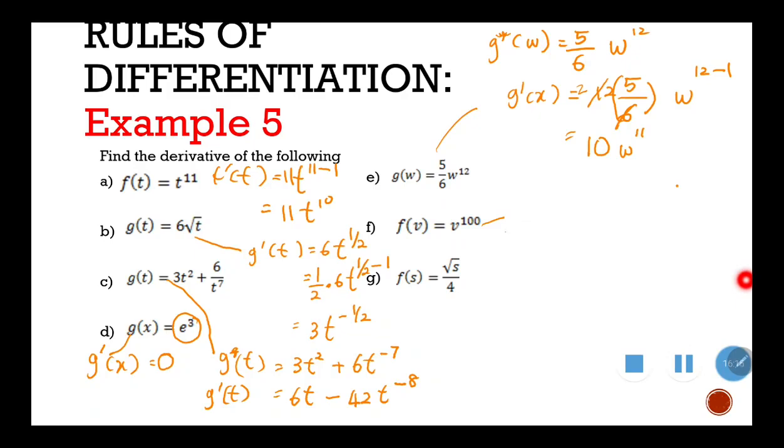So f prime v is 100v to the power of 100 minus 1, you get 99. And then this part here can also be rewritten like this, 1 over 4 s to the power of half.